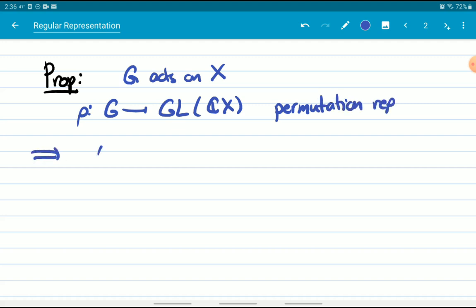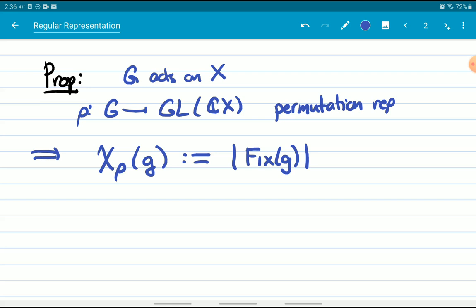Then the character of the permutation representation has the following formula. Its value at a group element g is actually an integer. It's in fact the order of the fixed set of g. And to remember, fixed g is by definition the set of elements x in X such that gx equals x.